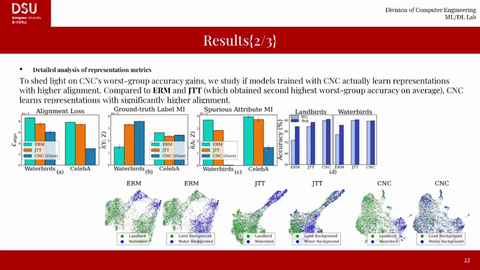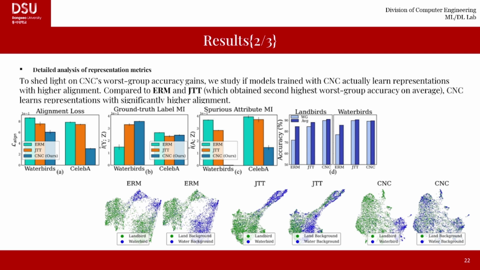Then if we see the second part, this is actually called the detailed analysis of representation metrics. To shed light on CNC's worst group accuracy gain, they studied the model trained with CNC, whose representation has higher alignment compared to ERM and SSL.